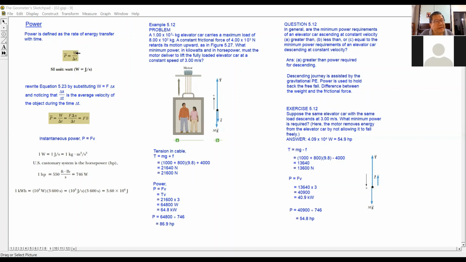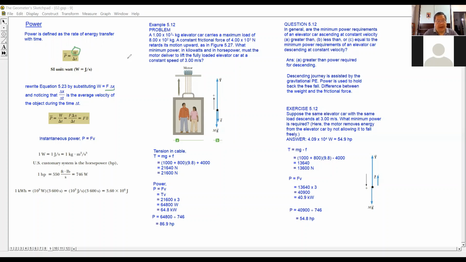Now we look at this work done here, W. The W here can actually be replaced with the force times the distance moved in the direction of the force.